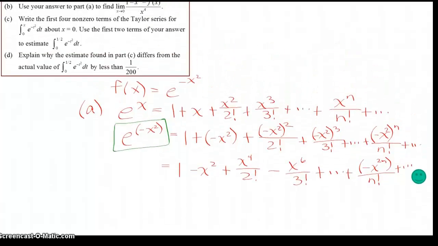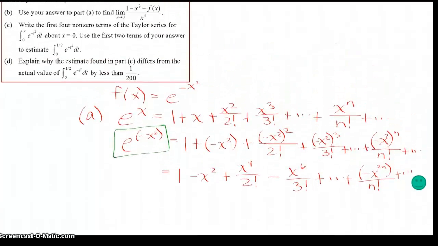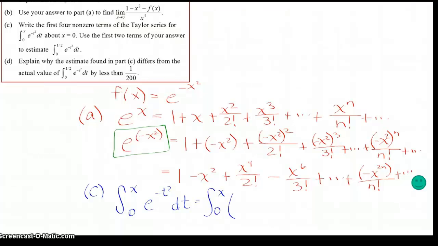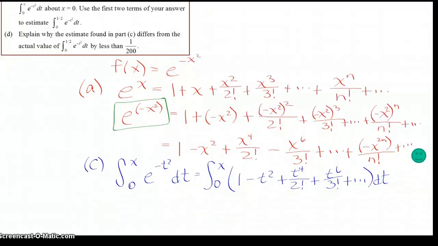And now I want to integrate, because that's what it's asking me to do. The integral from 0 to x of e to the negative t squared dt is going to be the integral from 0 to x of this series expansion that we found when we were doing our work before. And now I'm going to drop that general term because part C doesn't ask me to include it.